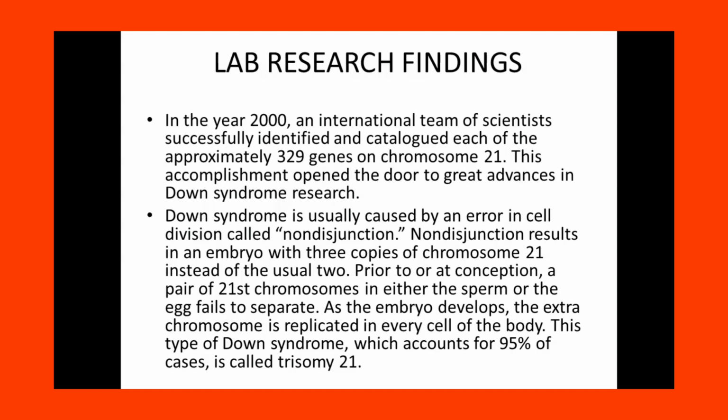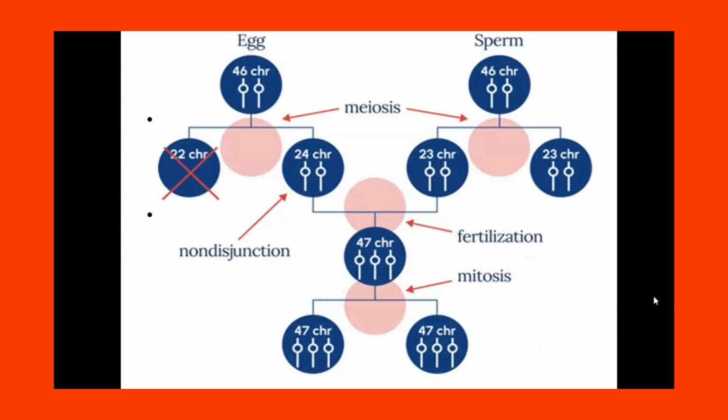As the embryo develops, the extra chromosome is replicated in every cell of the body. This type of Down syndrome, which accounts for 95% of cases, is called trisomy 21. The trisomy 21 is, like reported there, 95% of Down syndrome.